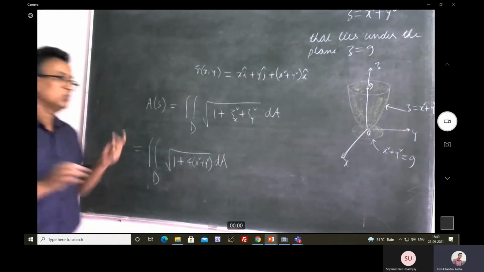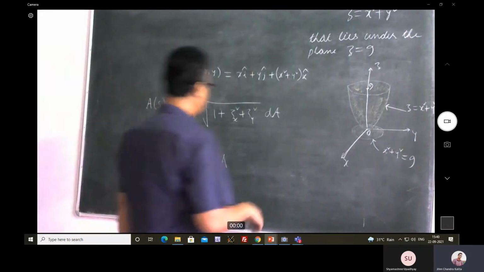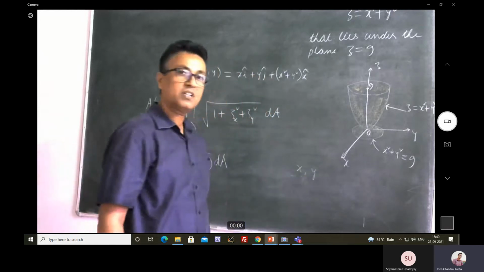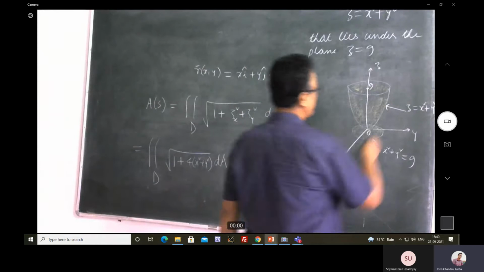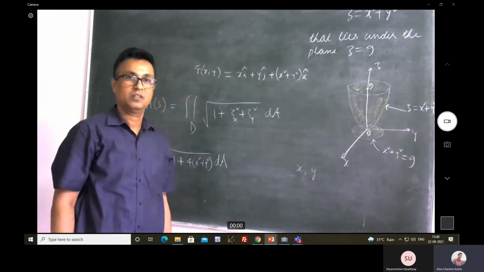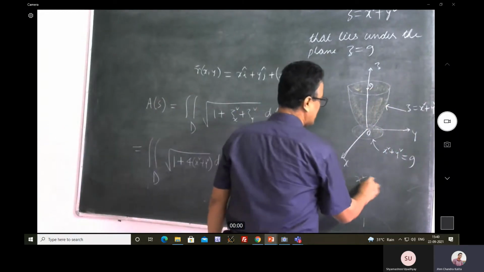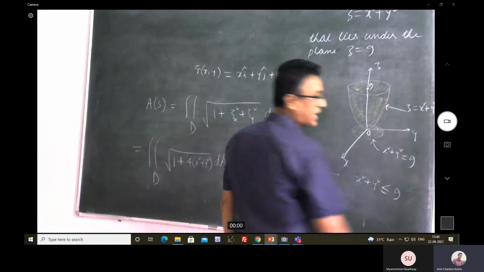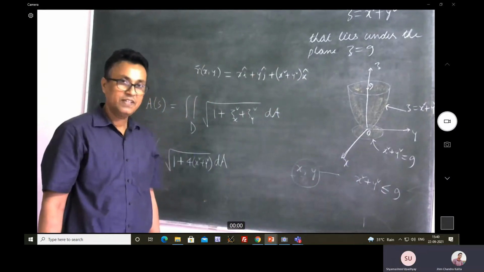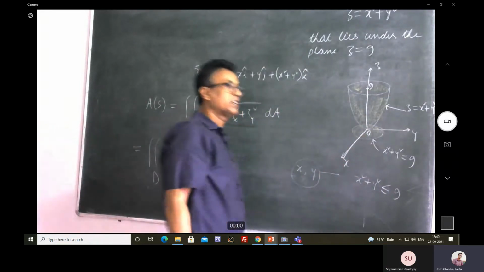Fine. Now let us do some kind of backtracking. See here, the parameters are x and y. Now you have to see for this surface what the range of that parameter is. The range of the parameter is such that x squared plus y squared is less than or equal to 9.